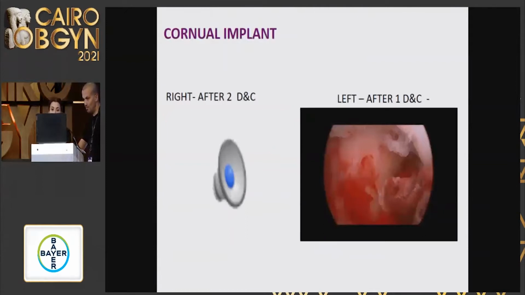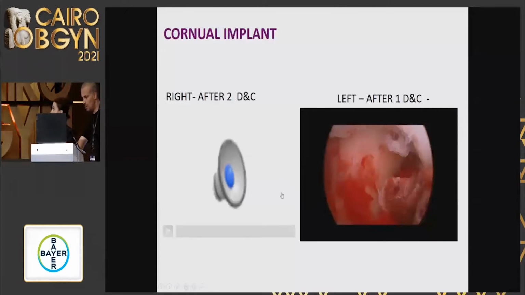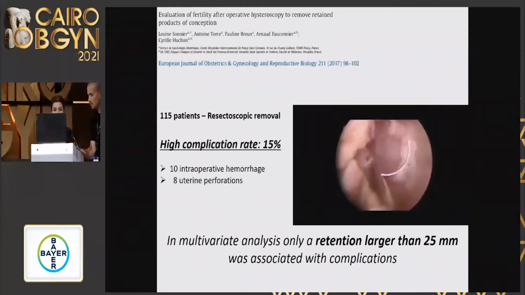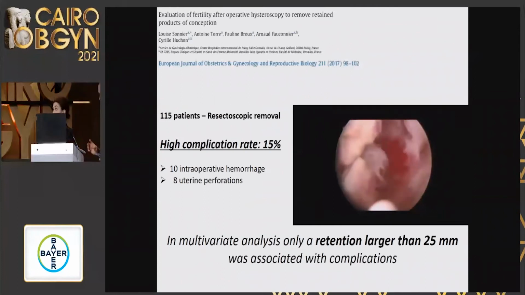I want to show you some videos in which the patient had 2 DNCs before. Sorry, it doesn't work.